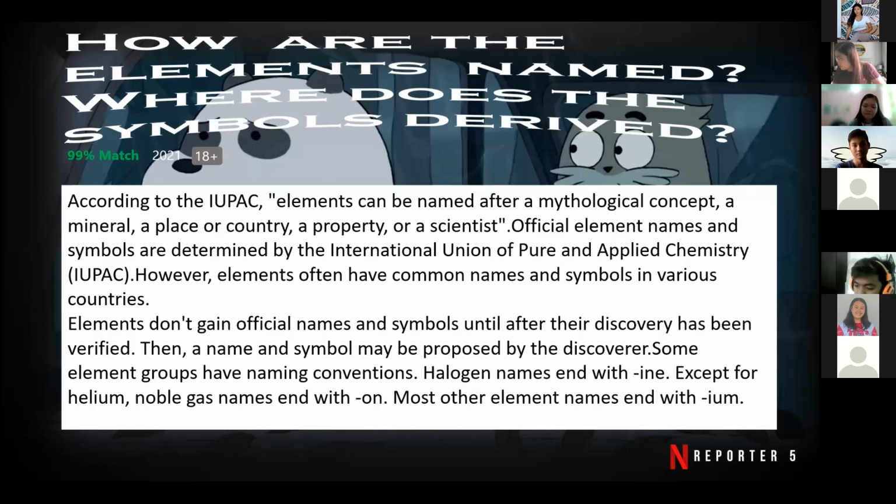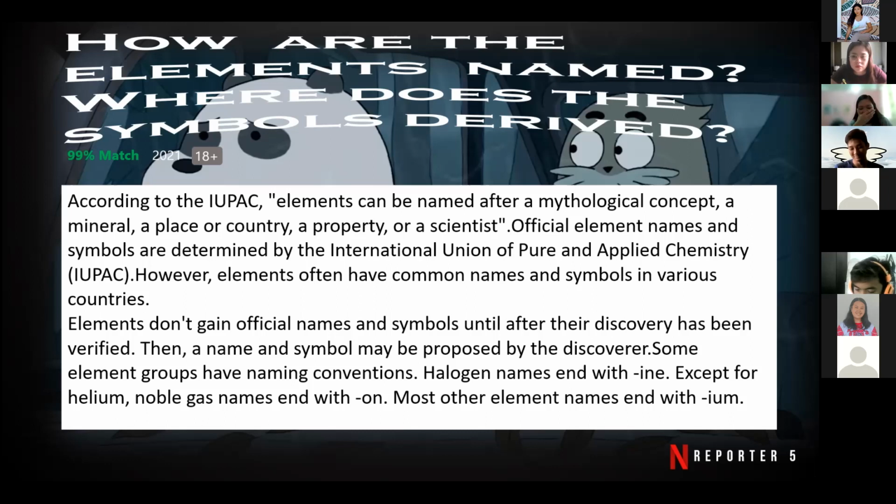So, how are the elements named? According to the IUPAC, elements can be named after a mythological concept, a mineral, a place or country, a property, or a scientist. Official element names and symbols are determined by the International Union of Pure and Applied Chemistry. However, elements often have common names and symbols in various countries.